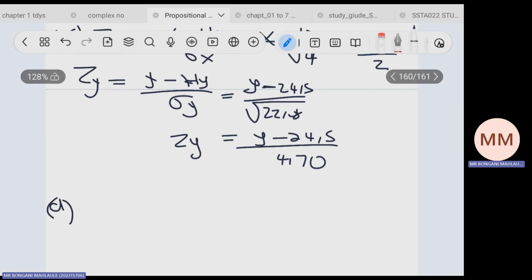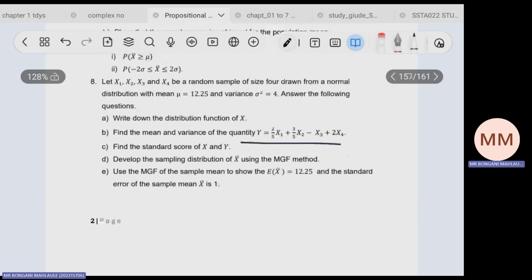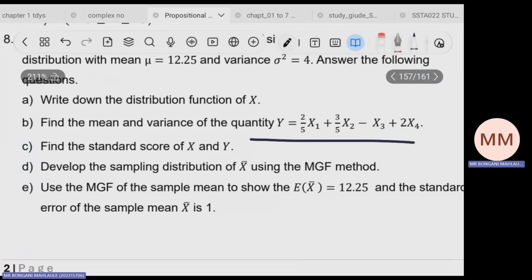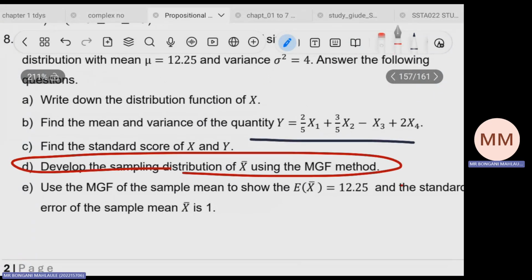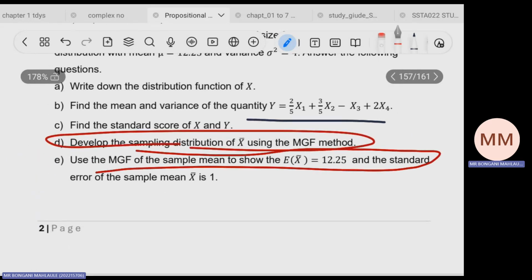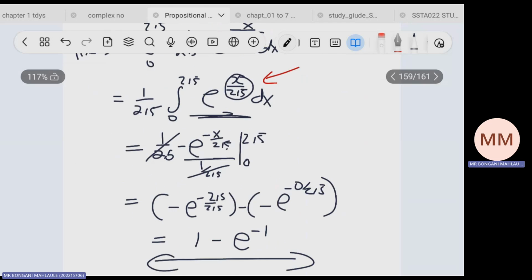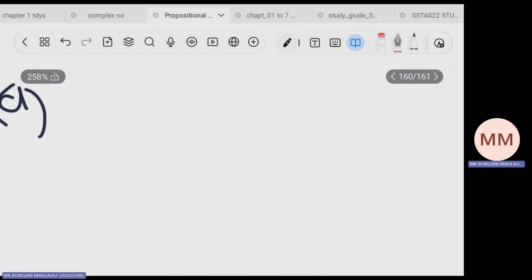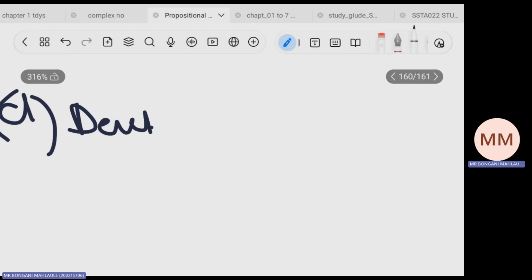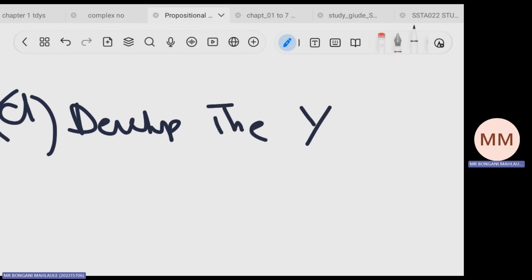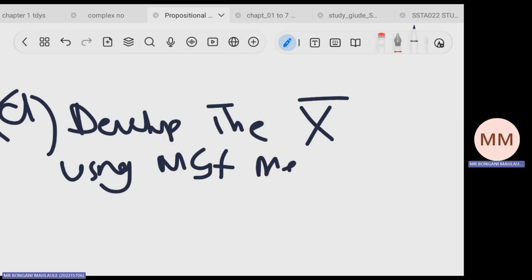Then letter D, they say develop the sampling distribution using the MGF. They use the MGF to show that the mean will be equal to this, and the sample mean will be 1. So using the MGF method, they say develop the sampling distribution using the MGF method.